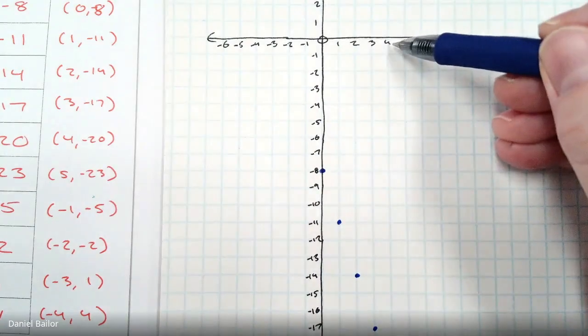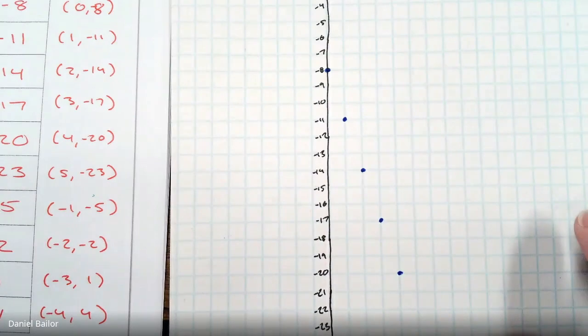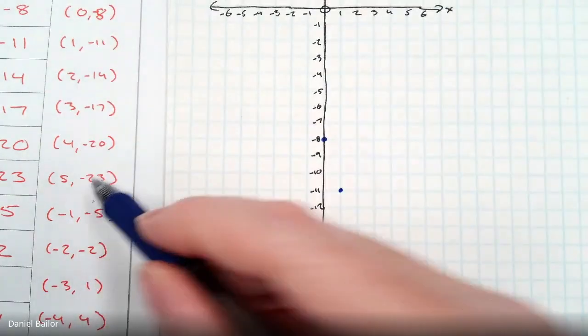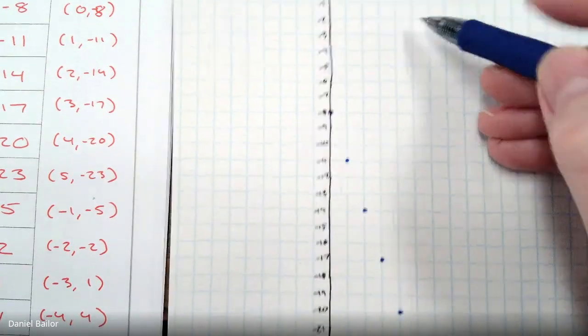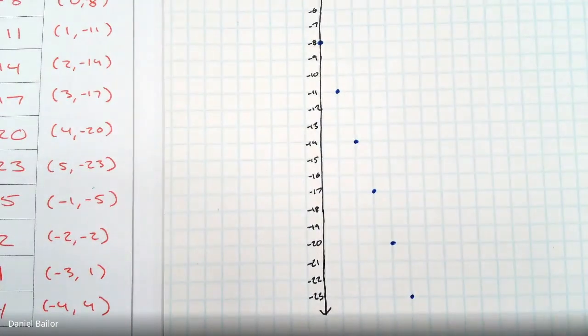Here's the 4. I go all the way down, and I put it at -20. 5 and -23. So I find 5 on the x, and I go down to -23 on the y. So those are 5 coordinates.